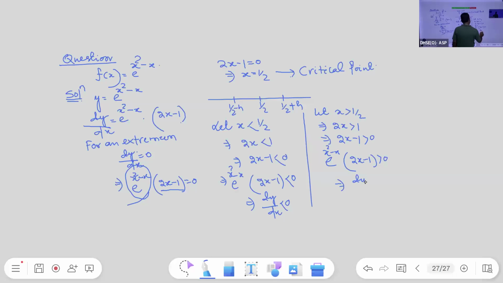This implies dy upon dx is greater than 0. Dy upon dx changes its sign from negative to positive. So x is equal to 1 by 2 is the point of local minimum.